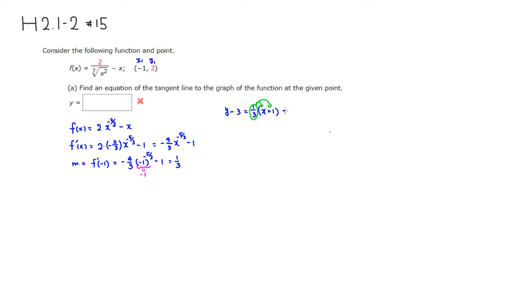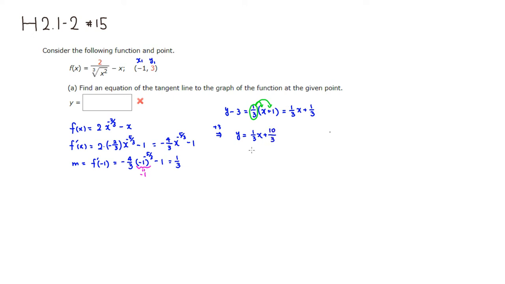So we get 1/3 x plus 1/3. Then I'm going to add 3 to both sides. So you're going to get y is equal to 1/3 x plus 3 is 9/3, so 1/3 and 9/3 is 10/3.